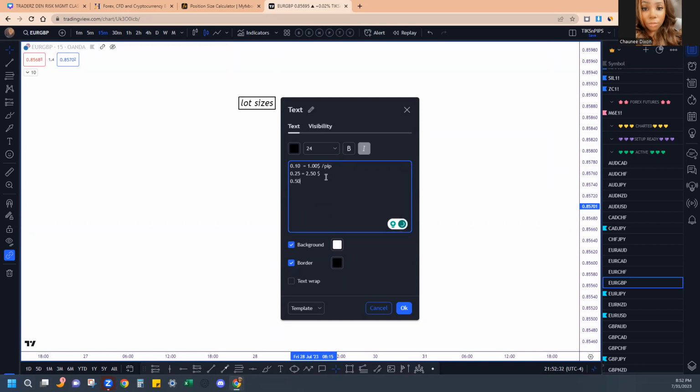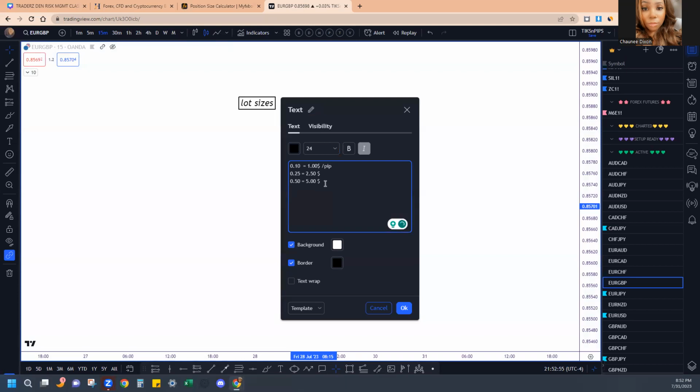I think y'all are getting the gist here. $5 per pip. You're just multiplying your lot size by 10, and that'll give you how much you're risking. So if you have a 20 pip stop loss and you're entering on a 0.10, you'll just multiply that 20 by $1 and you'll be risking $20.